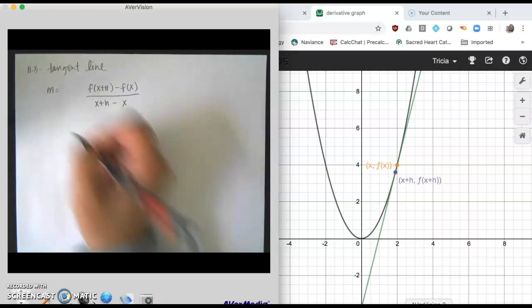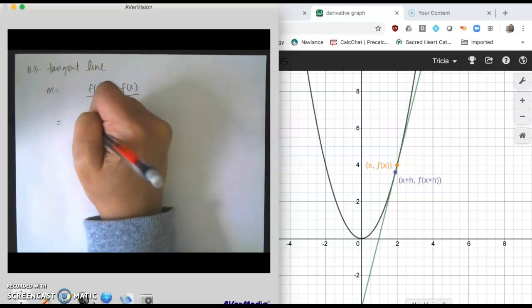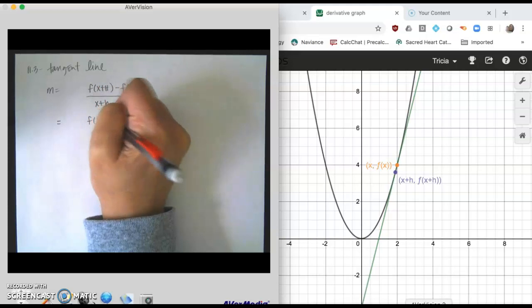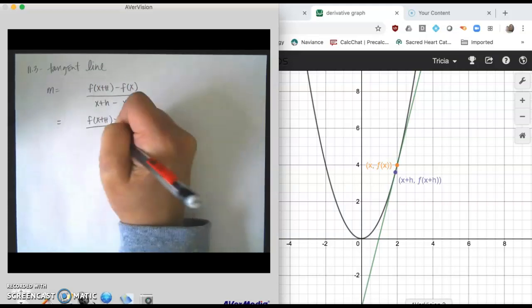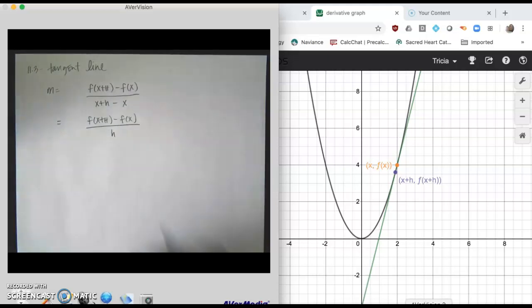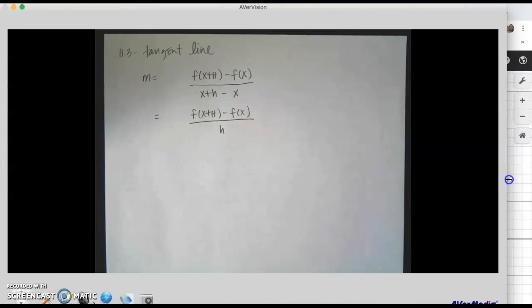So if we were to simplify that even more, the top will stay the same, and on the bottom, the x's would cancel out and you would just get h. So that's your difference quotient. That's how the difference quotient came about, in order to say that that's the slope of that tangent line.